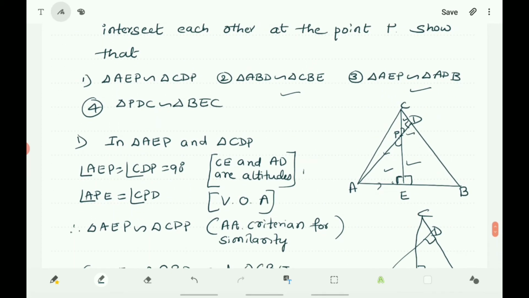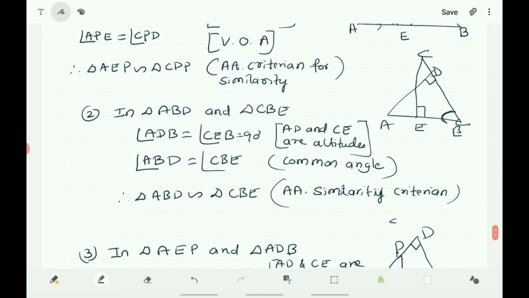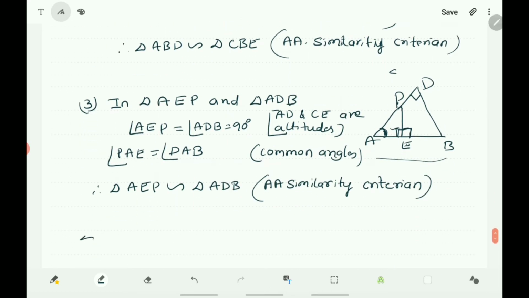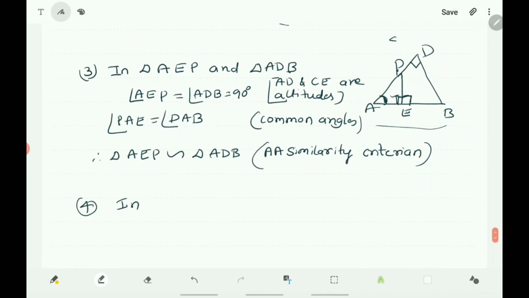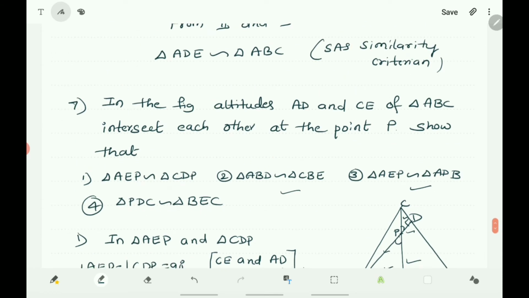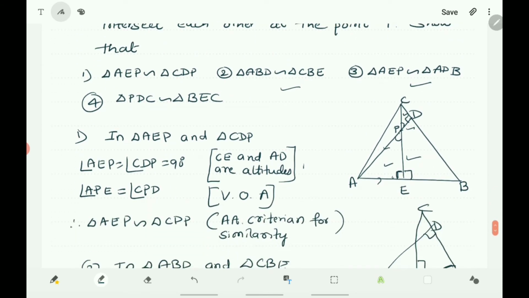The fourth one is triangle PDC similar to triangle BEC. In this one you take triangle PDC and triangle BEC. See the figure.